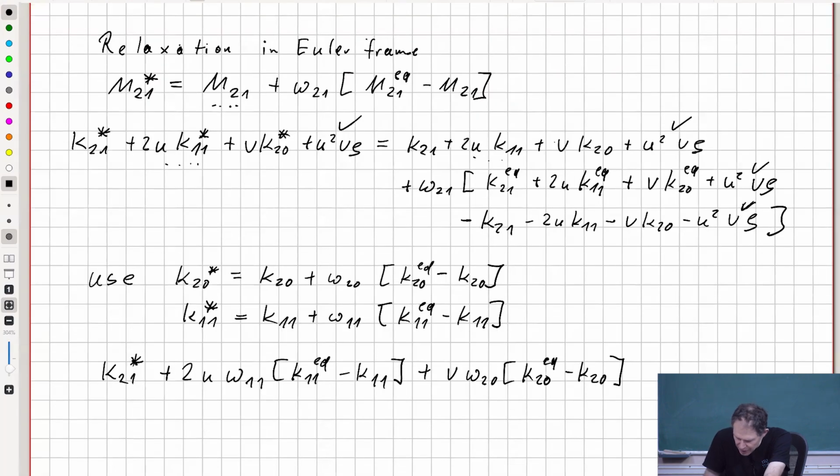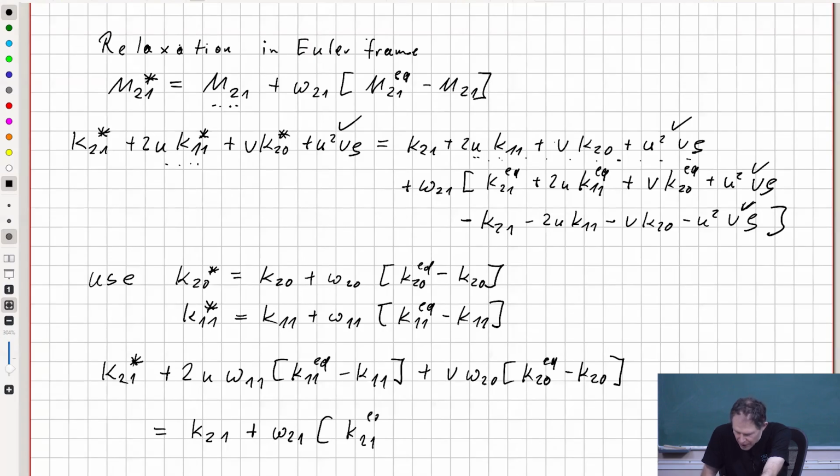Now I've eliminated all these on the other side already, so I'm no longer writing them down. Coming to K12 plus omega 2 1, here comes K21 equilibrium minus K21.